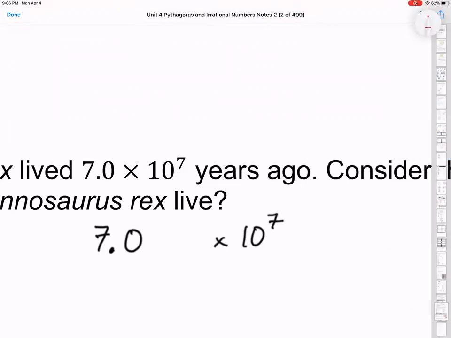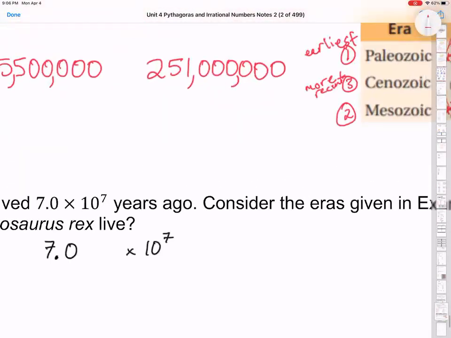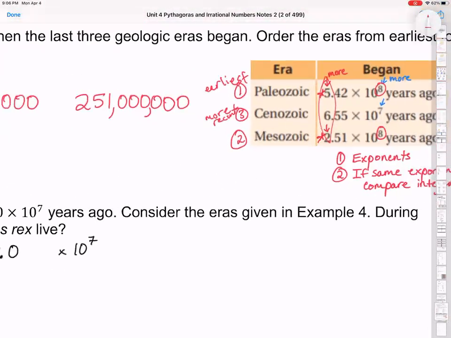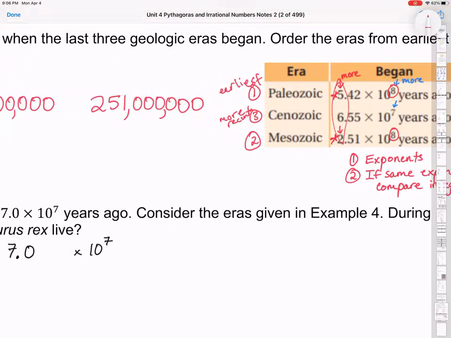You could even probably just look at it and say, hey, it's in this one. This is a prime example where using scientific notation and dates and years ago, you can reasonably predict. Go ahead, take a moment and try to guess which one.